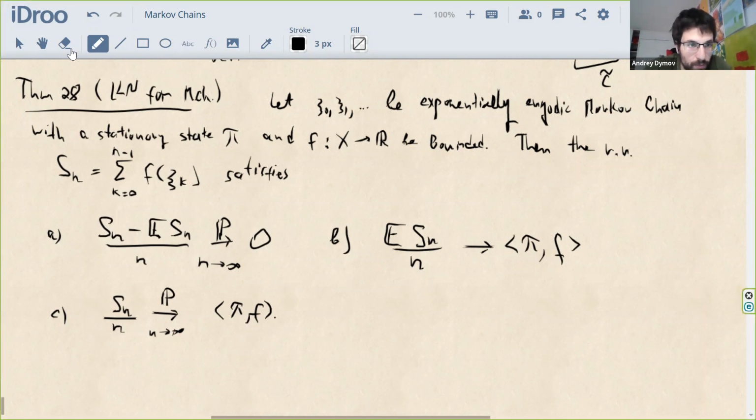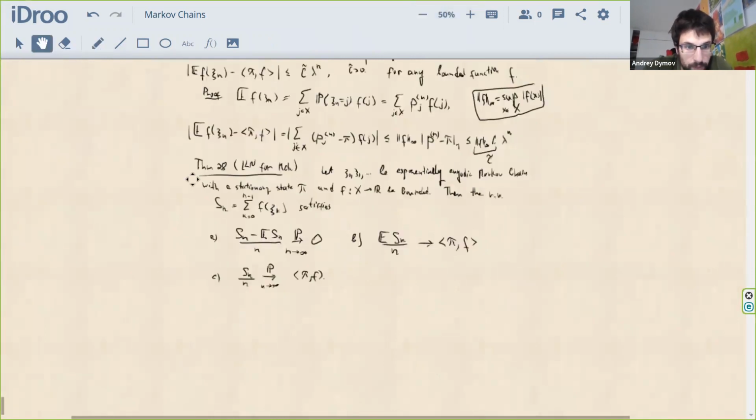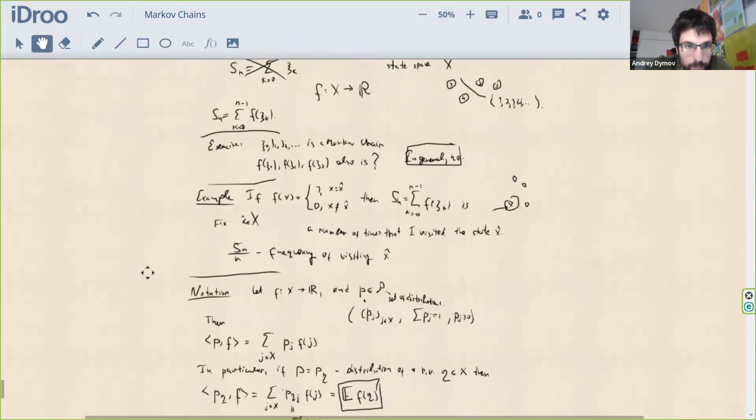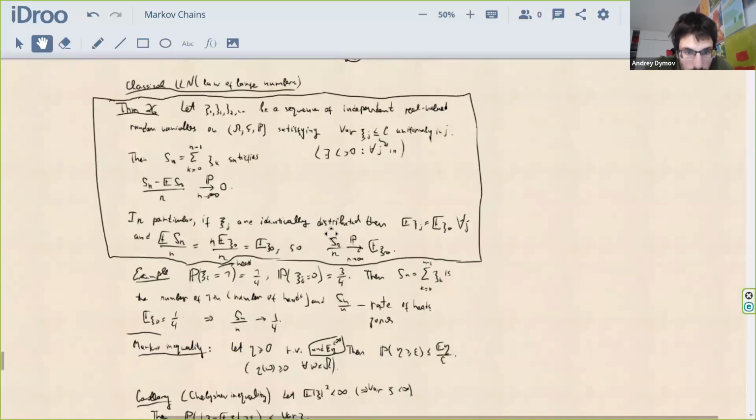I recall we had a simplification: the expectation of Sn over n is just the same as the expectation of the first random variable. So it implied that this can be rewritten in the form that Sn over n converges in probability to the expectation of the first random variable, right?